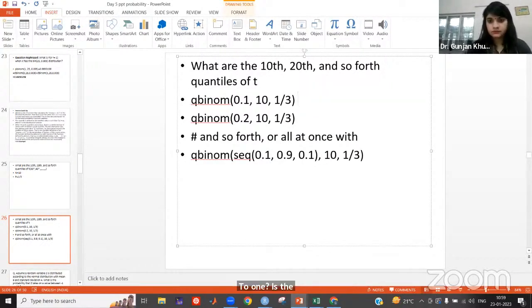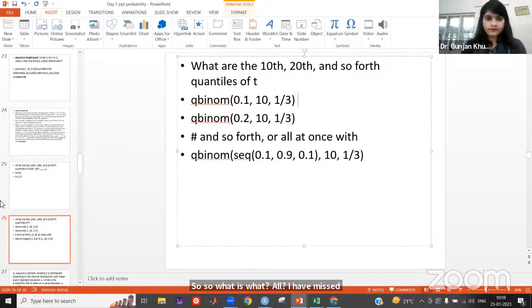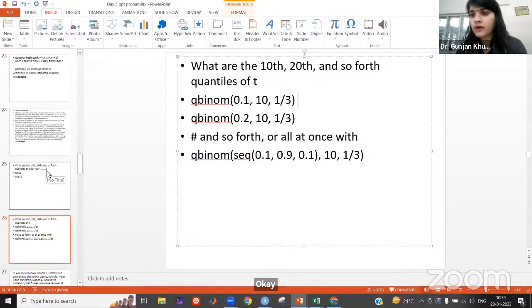Sorry, I lost in between as the light went off. So what all have I missed? I did dbinom. I did that one. Did dbinom with x equal to 1. Okay, we were talking of qbinom. qbinom is the inverse lookup, the inverse of the CDF.